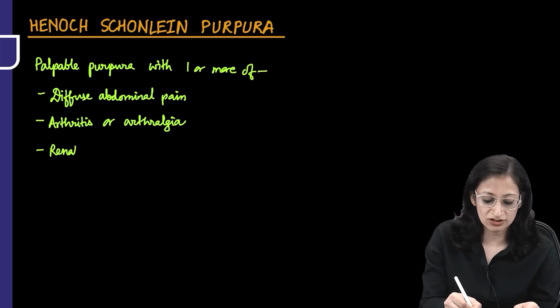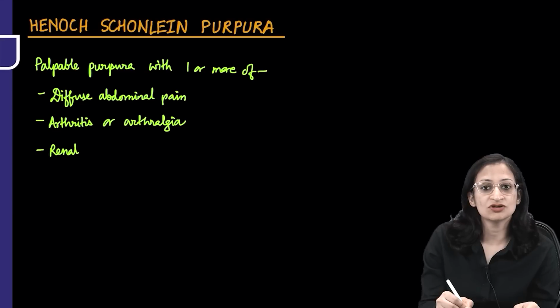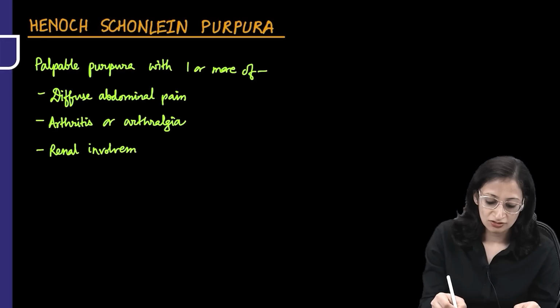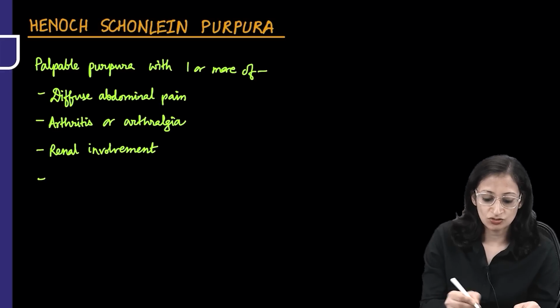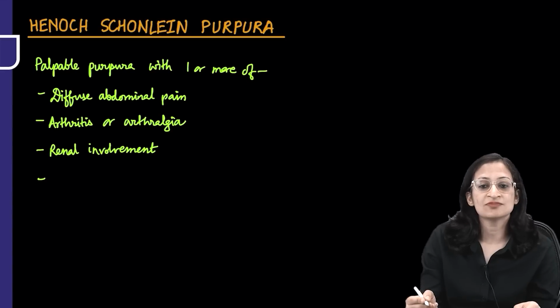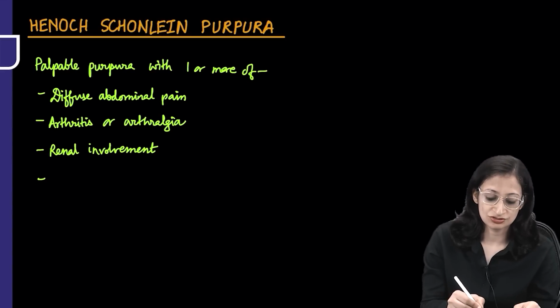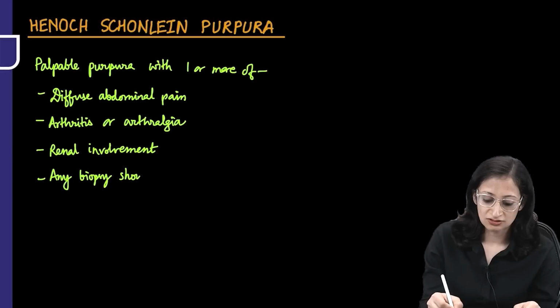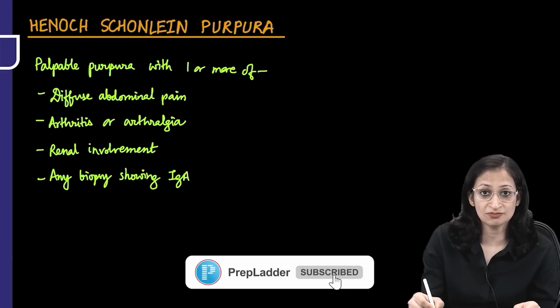So there can be acute kidney injury, or some proteinuria, hematuria and so on. Or any biopsy showing IgA deposition. It can be kidney biopsy, it can be skin biopsy.